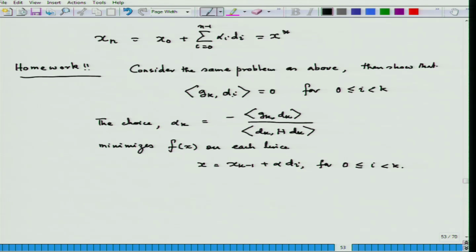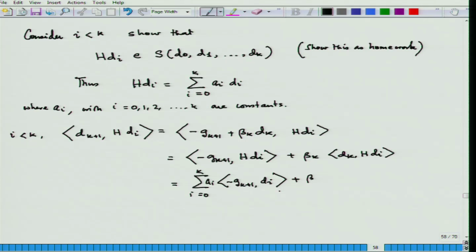Whenever k plus 1 is bigger than i, because i is strictly less than k, then this is always 0. So then using that fact, we can conclude that this is 0 and this is anyway 0 because that is the assumption. This is 0 from the homework and this is 0 from assumption.